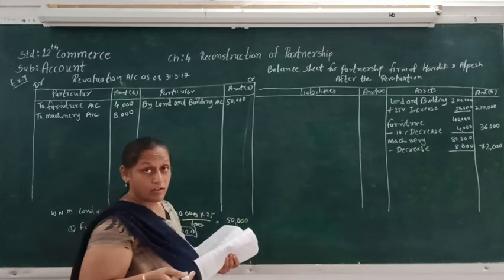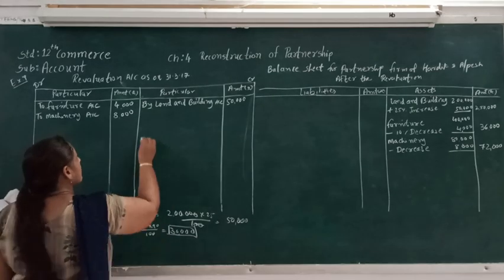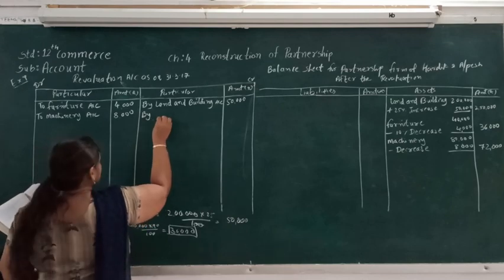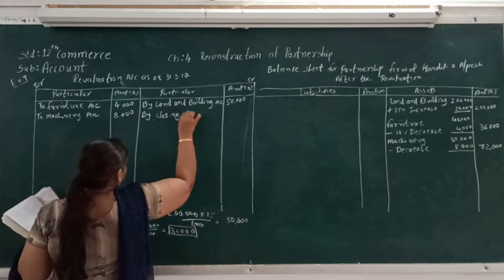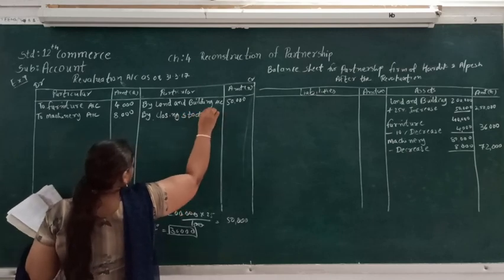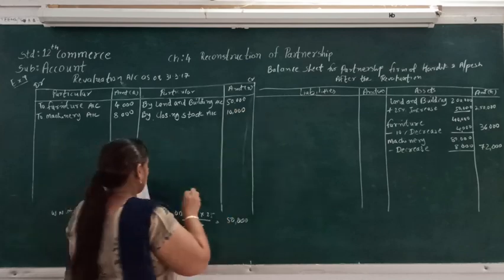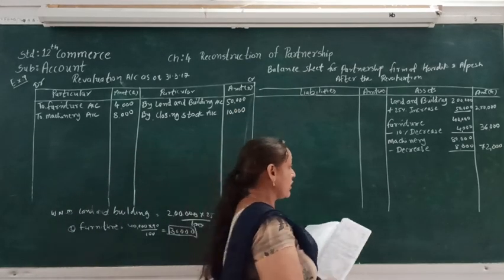So here it is our profit, and we have to write on the credit side of the revaluation account by closing stock account. It is 10,000, and the book value of the closing stock is 45,000.